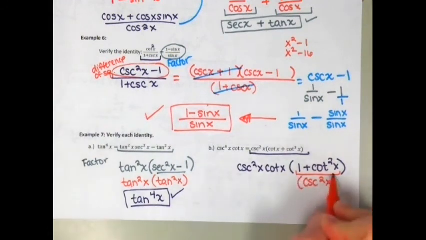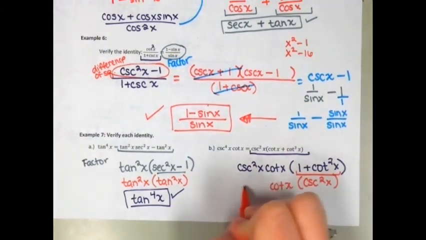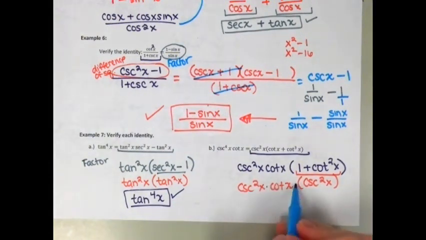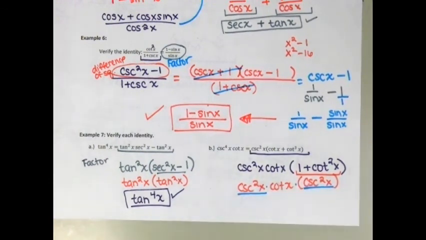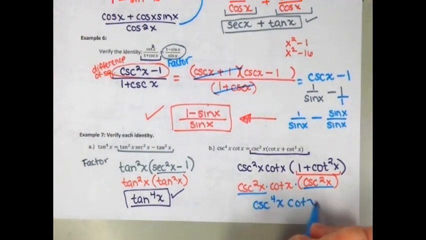So now we have this cosecant squared x times the cotangent x times the cosecant squared x. So is there anything I can multiply to combine here? This is all multiplication, isn't it? So can I take what's cosecant squared times cosecant squared? Cosecant to the fourth power. Is that what we wanted? Yes. So are we done?